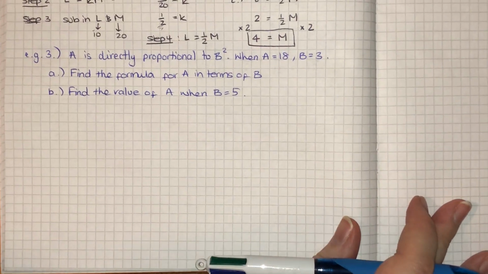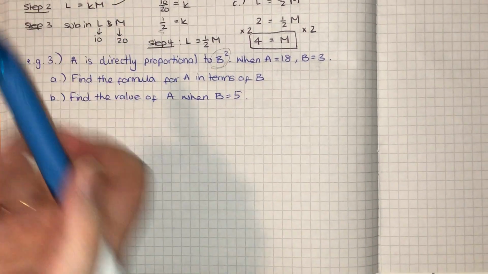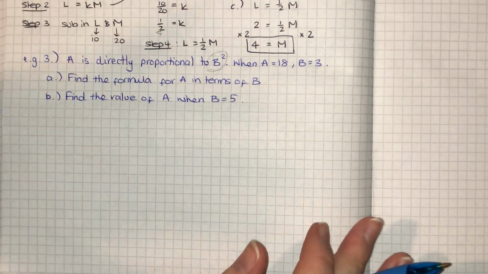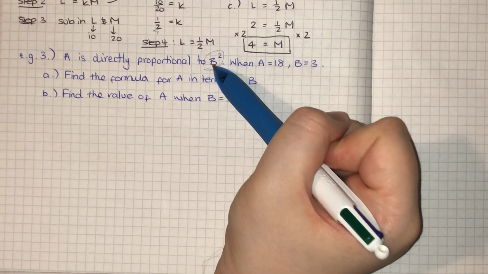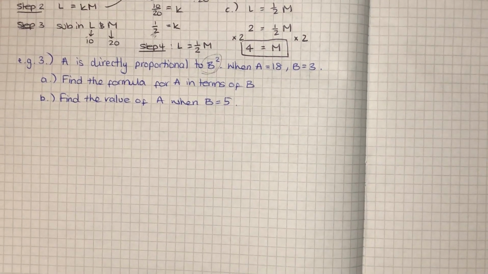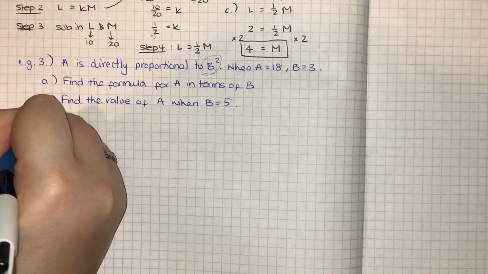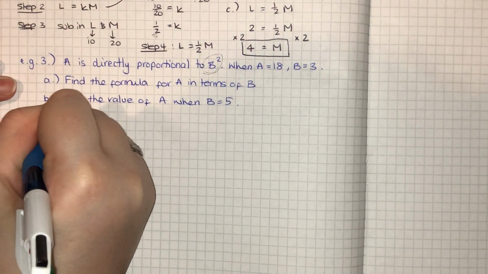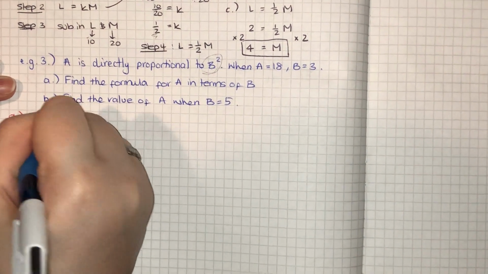Okay, so EG3 is slightly different. It is done the same way, but previously they were called linear ones, because both the letters, it was just a letter. This has now become a quadratic because it's b squared. Which makes it just a tiny bit harder when we're doing the steps, but the method is still the same. So again, step 1, we write out the formula.